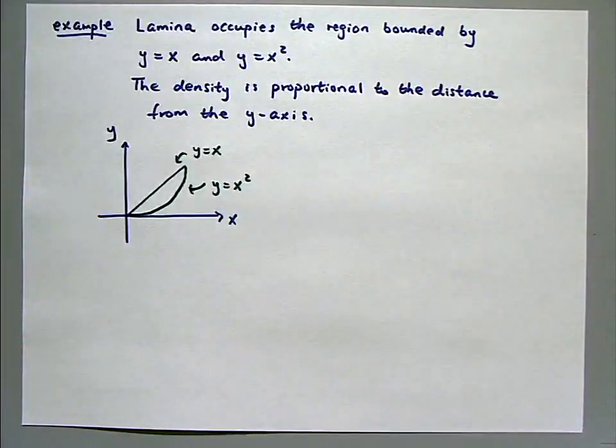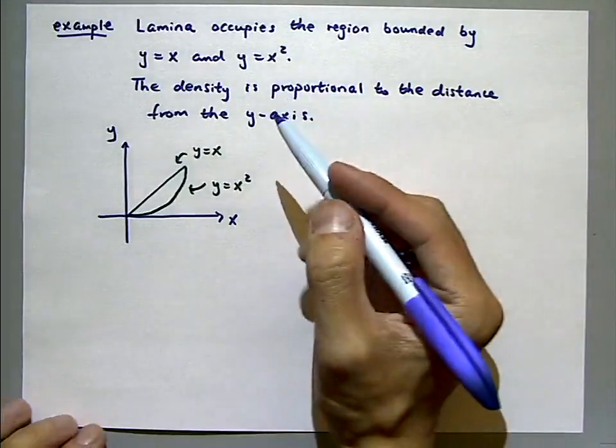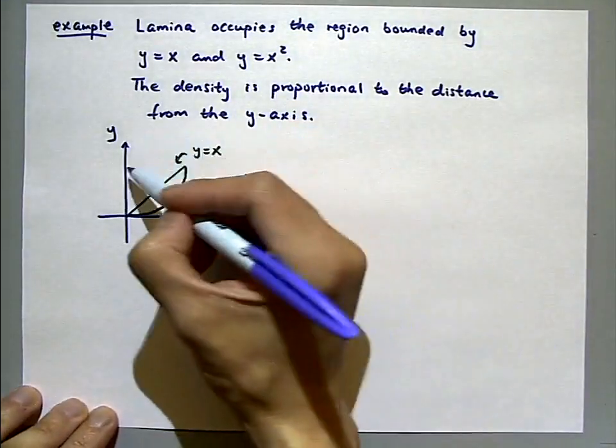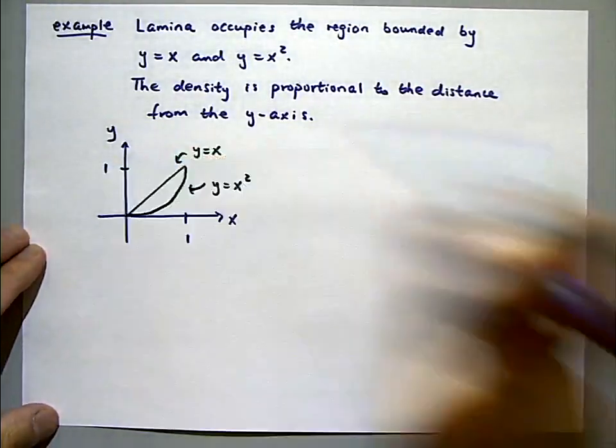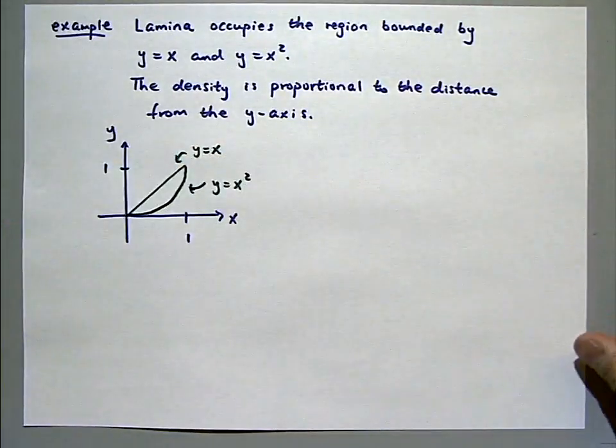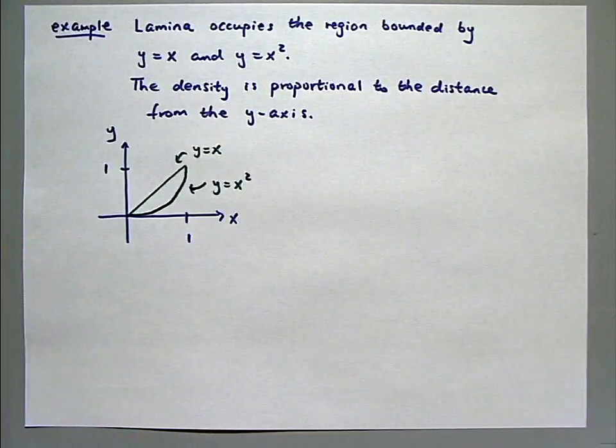They don't ever intersect again, so they don't bound any more region anywhere else. Where do they intersect? This should be very easy to figure out just by inspection. 1, 1, yeah? Okay, so that's the region we're dealing with.